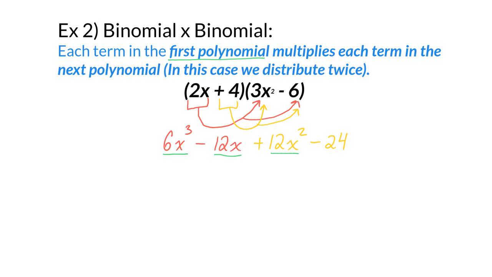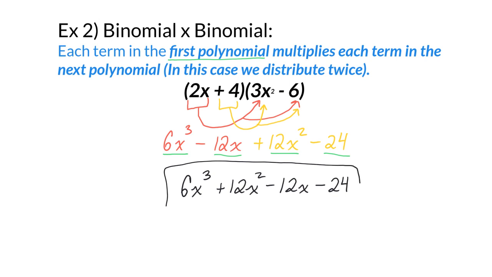This has an x squared, and this is just a constant. So there are no like terms here, so there's really nowhere else I can simplify this to. However, I could write it in the correct order, putting the highest exponent first and the constant last. This is my final answer.